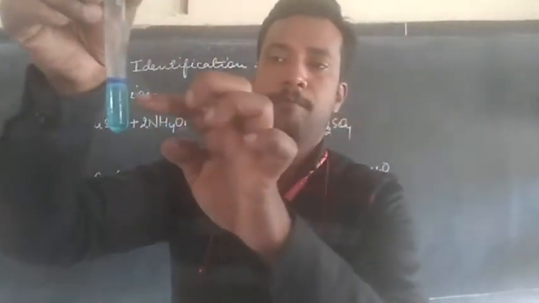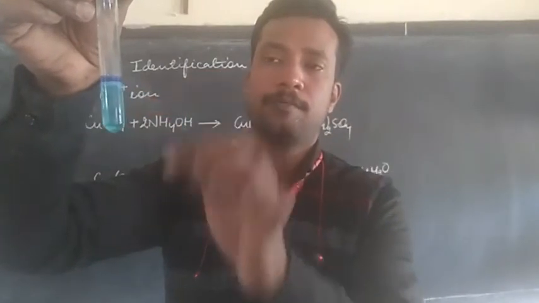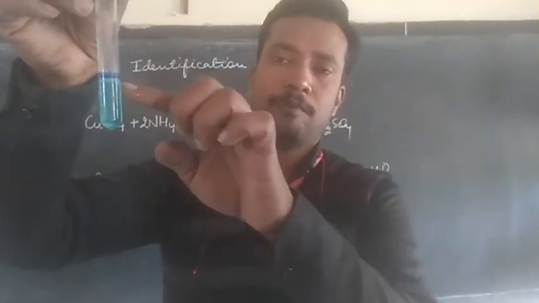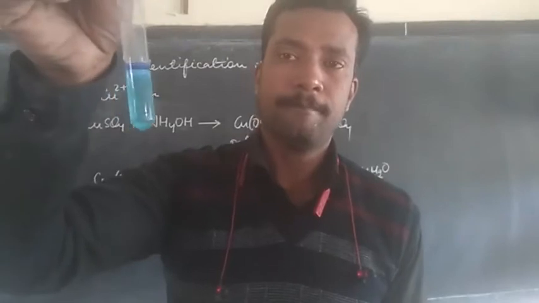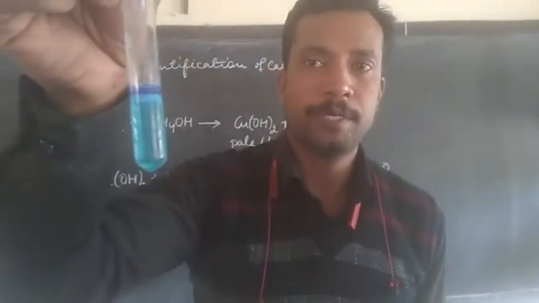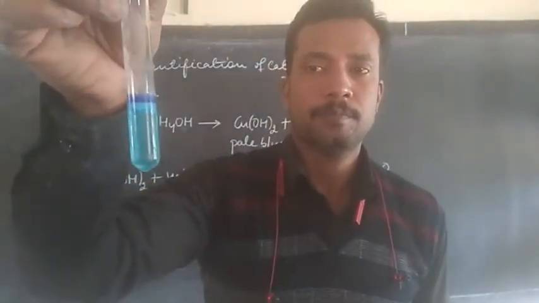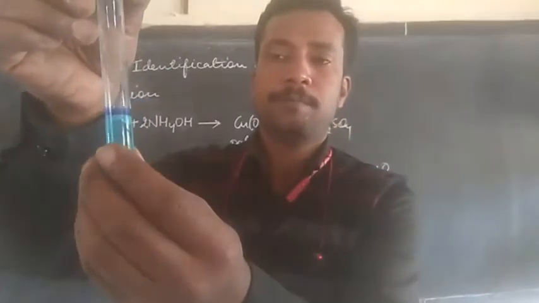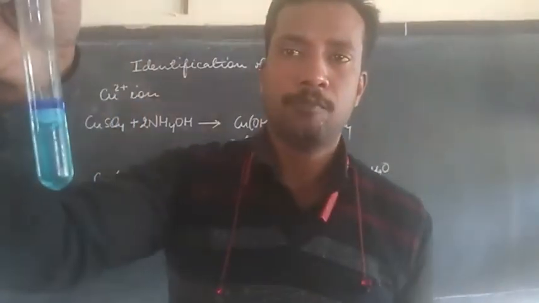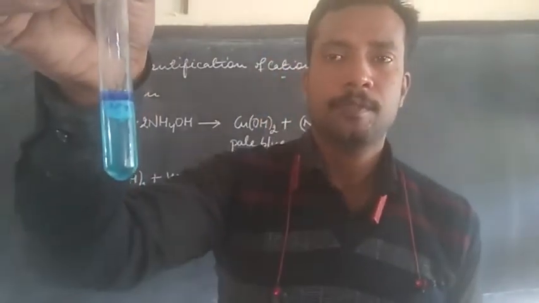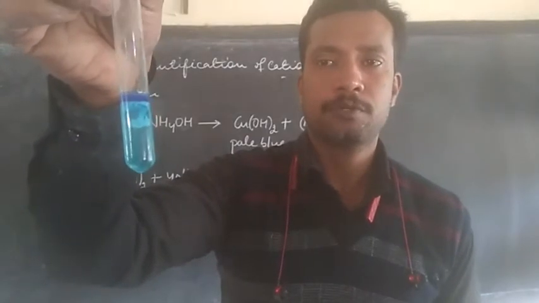You can see the pale blue precipitate just at the bottom, below this blue lining, a pale blue precipitate formed. Now you can see the precipitate getting thicker and more visible. So this is cupric hydroxide.